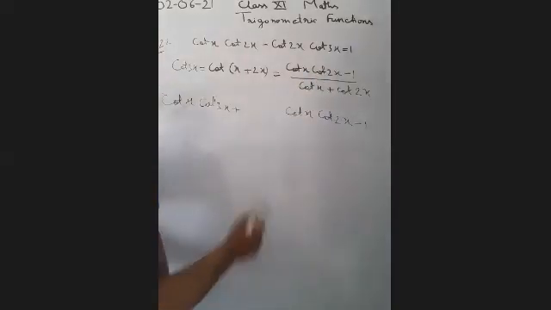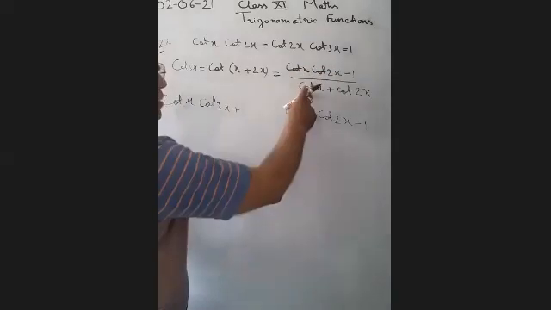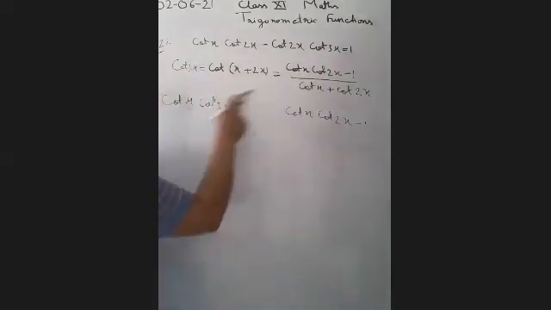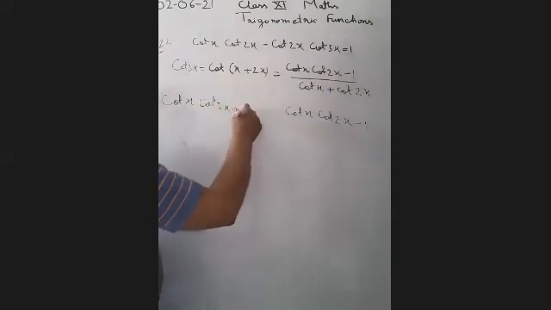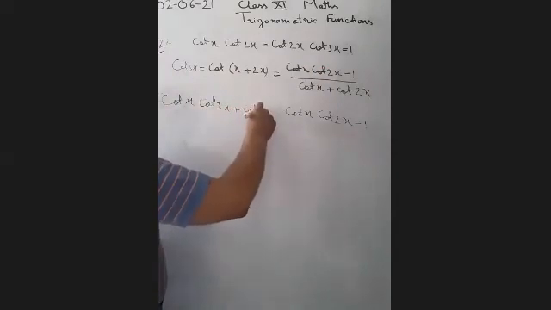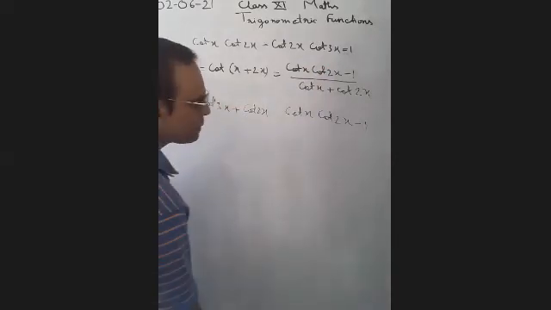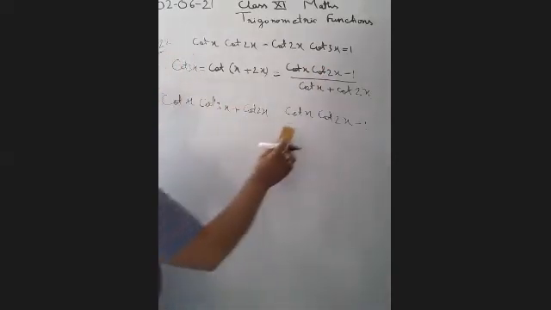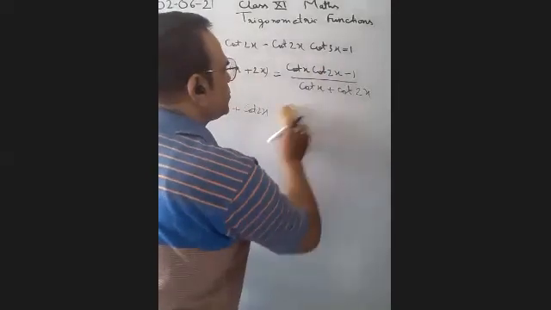Now we are multiplying cot x with cot 3x. So what will we get? The cot x cot 3x, or cot 2x into cot 3x. This is less, I am just moving this one.